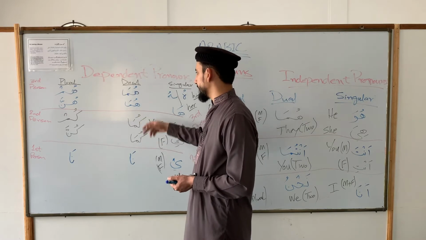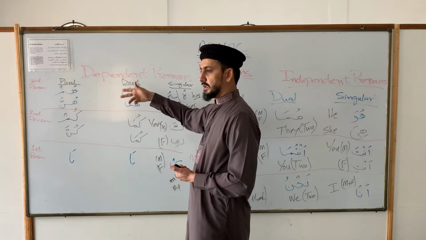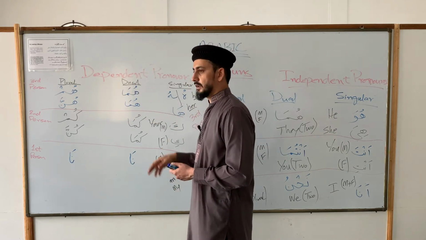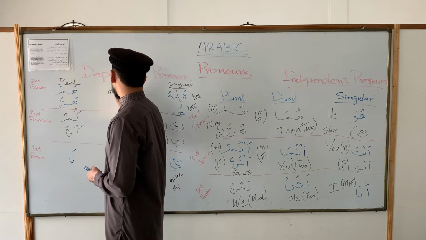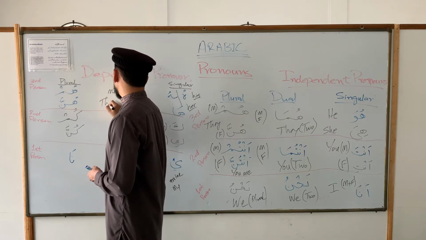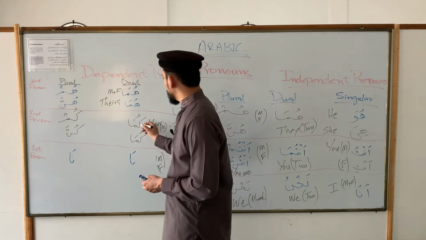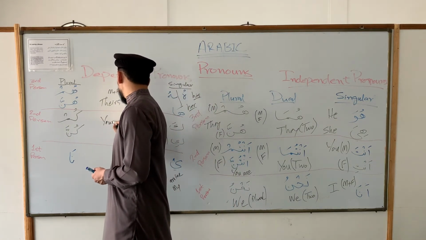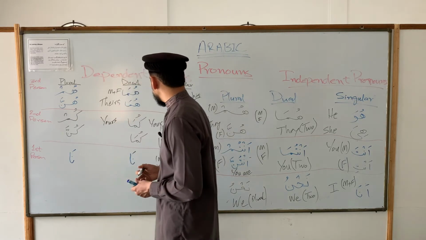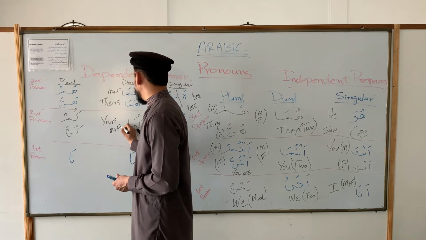Male and female both are the same. Huma means theirs. Basically, it is they, right? Male and female, both the same, and it means theirs, right? Kuma means yours, right? And it is again for male and female.